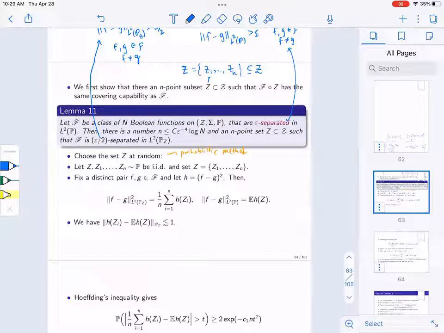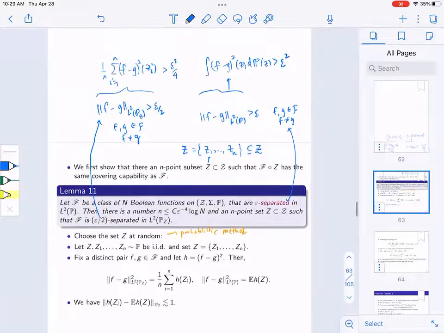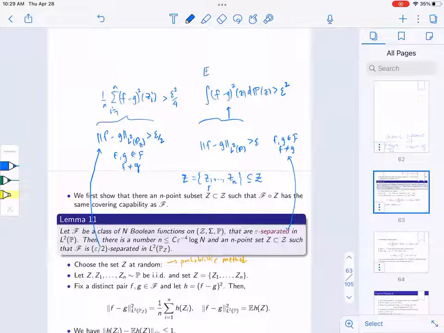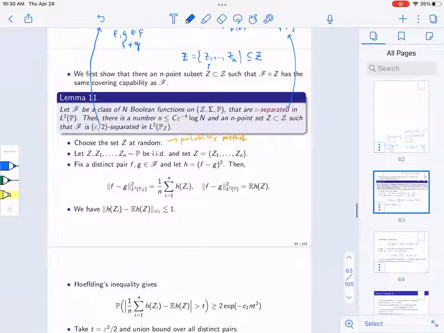And then the L2(P) norm squared is just the expectation of h(z), which you can think of as the expectation of (f(z) minus g(z)) squared, assuming that z is distributed like P. So this is h(z). So one is the empirical average, the other is the population average. The next step is to show that this quantity is close to this.